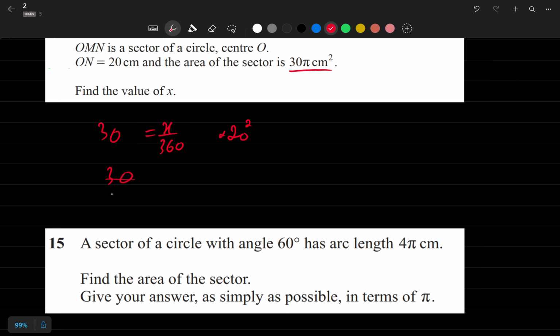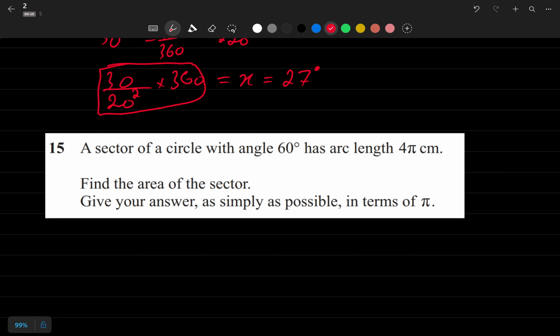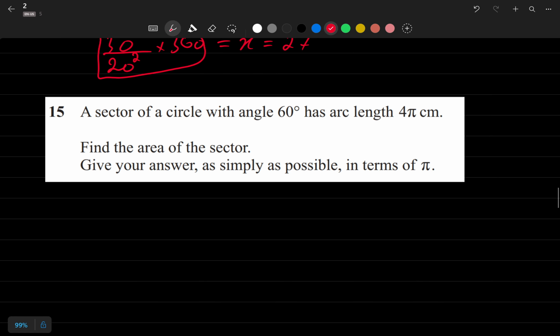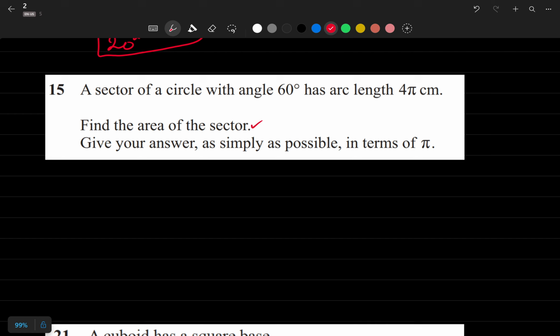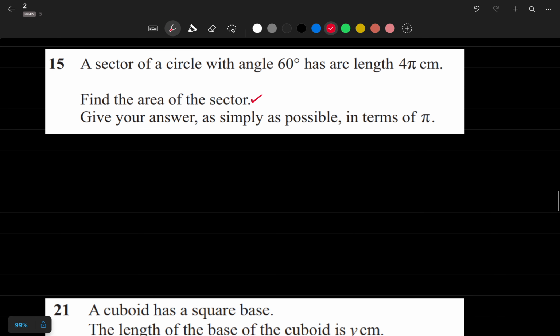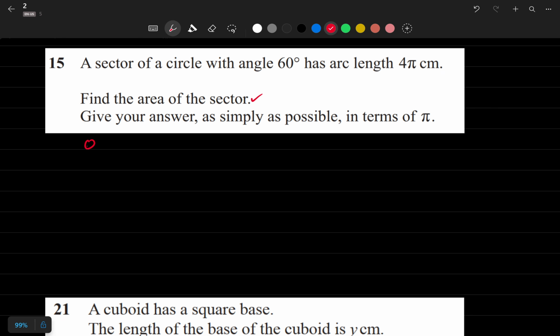Now moving on, a sector of a circle with 60 degree has an arc length 4 pi centimeter. Find the area of this sector. Give your answer as simply as possible in terms of pi. So a sector of circle with angle 60, so we have theta, 60 degree, arc length is 4 pi.